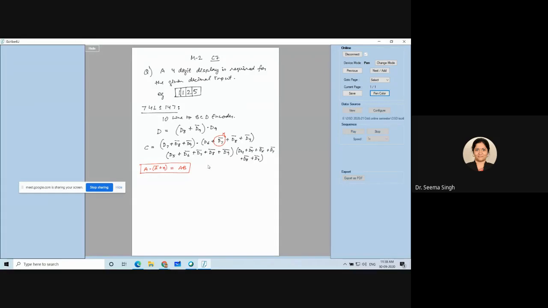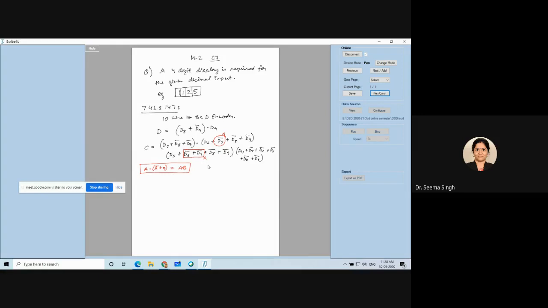If you want, you can expand these terms and verify whatever I am saying. But this is something which you already know. You should only apply it here. So this D6 bar and D7 bar get absorbed, because D6 and D7 were present in some other terms.